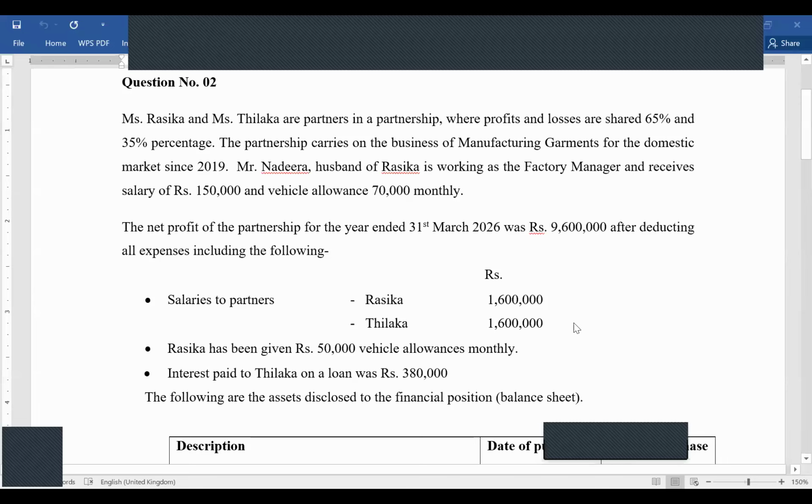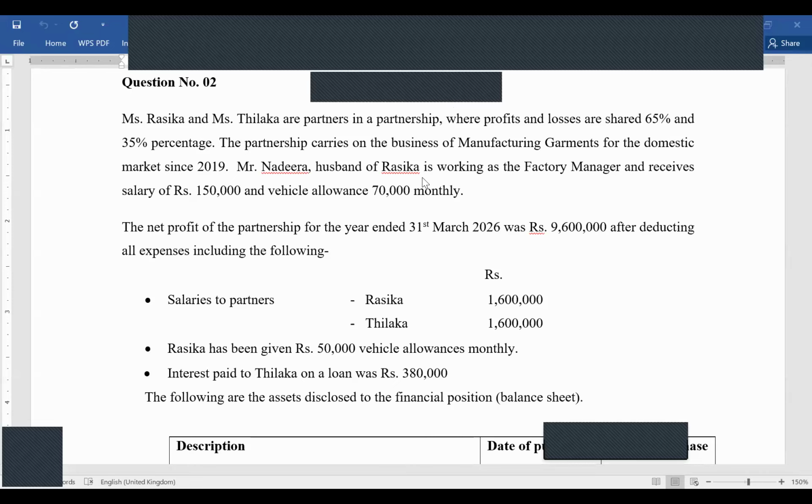Then we can move to Rasika and Tilaka. Where is it? So he has received, Mr. Nadira, husband of Rasika, is working as the factory manager and receives salary of 150,000 and vehicle allowance 70,000 monthly.